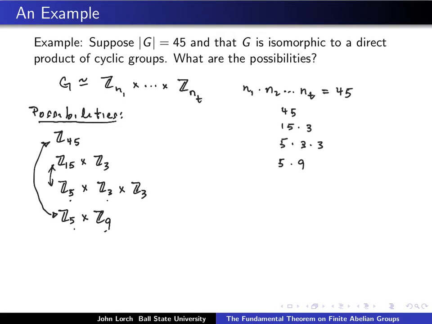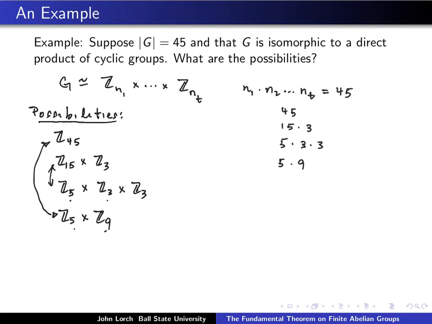So even though we've gotten all of the possibilities, we've sort of double counted them, and we don't want to do that. We want all of our possibilities to be non-isomorphic. So one thing we could do is just agree that we're only going to consider factorizations into prime powers.